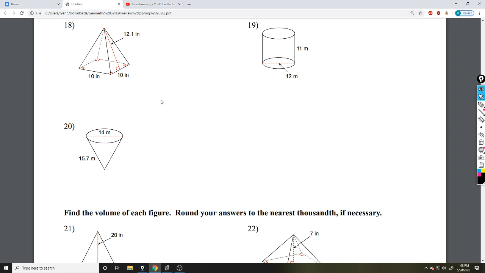Still working on making sure I'm up. Are we here? Still working on making sure. Yep. All right.